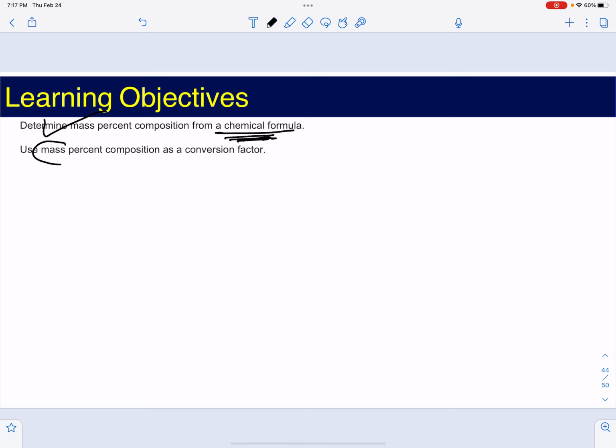And once you determine the mass percentage, can you use it as a conversion factor like we just did? So this obviously requires practice, so go practice more. If you notice, some of the problems I've been taking out of the textbook, to keep consistency, so you can go back to the book and review them if you need to.